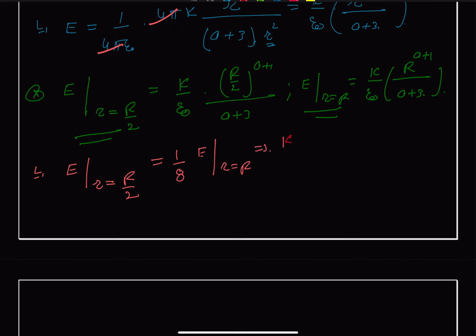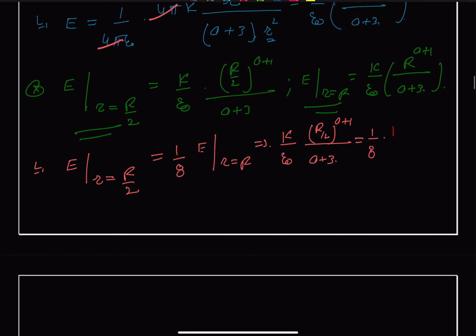We get k upon epsilon naught, and this is our (R by 2) whole raised to the power (a plus 1) divided by (a plus 3), is equal to 1/8, and this is our k upon epsilon naught R raised to the power (a plus 1) divided by (a plus 3).